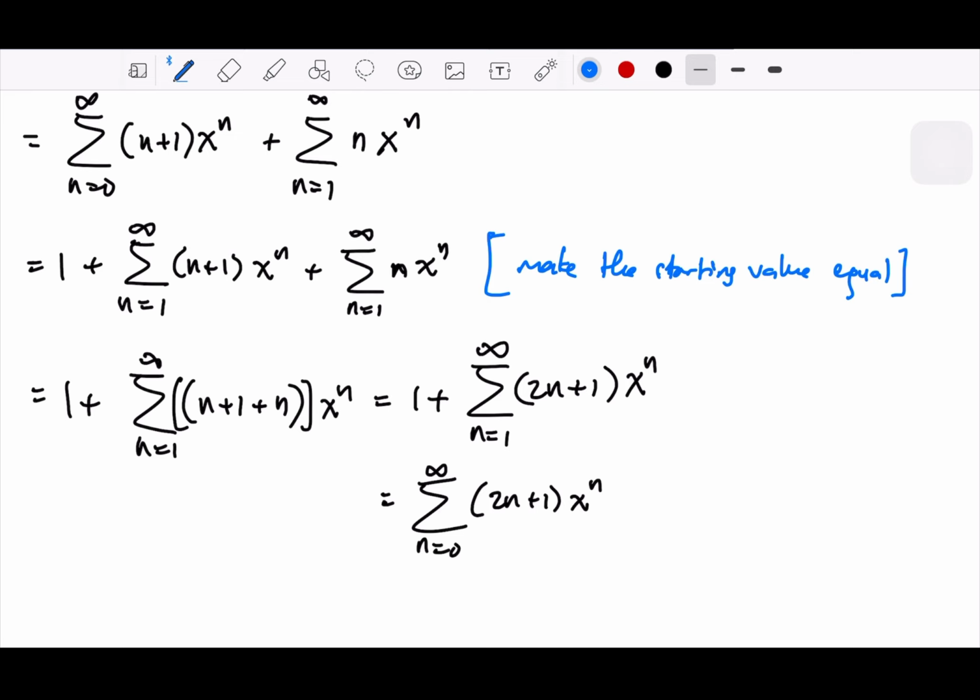So sometimes when you are stuck on what to do, maybe you can try several n, maybe n equals 0, 1, and see how it looks.